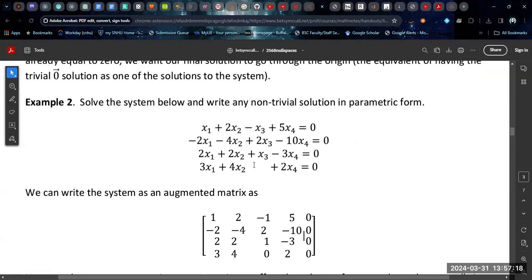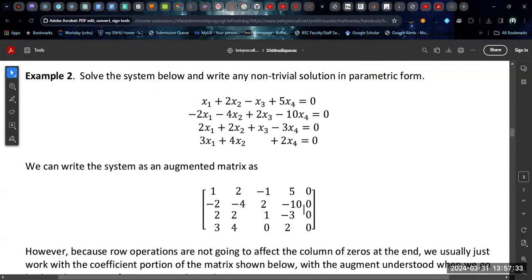Now, this will be an actual homogeneous system, and we're going to see if we can find any non-trivial solutions and then write them in parametric form. So our constants are all 0 in the augment. You can write them out as 0, although it's very common in homogeneous problems to actually leave out the column of zeros because it's not going to change as you do row operations on it.